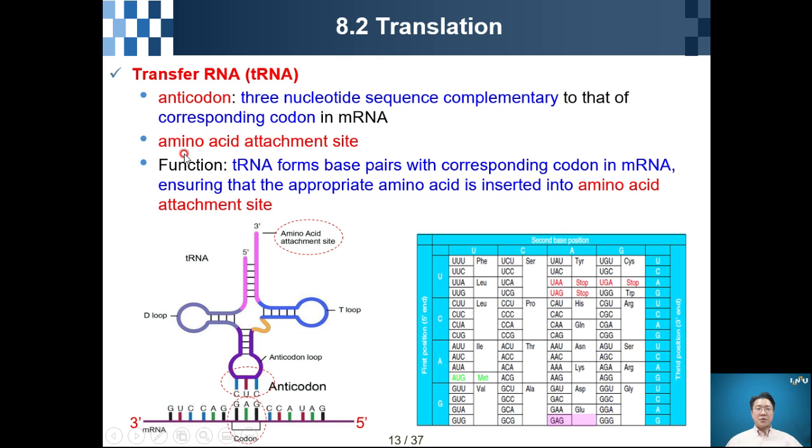The tRNA forms base pairs with the corresponding codon in the mRNA, ensuring that the appropriate amino acid can be inserted into the attachment site. In this case, the codon was GAG, so glutamate can be attached here.